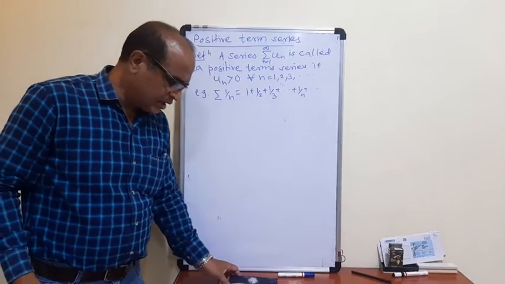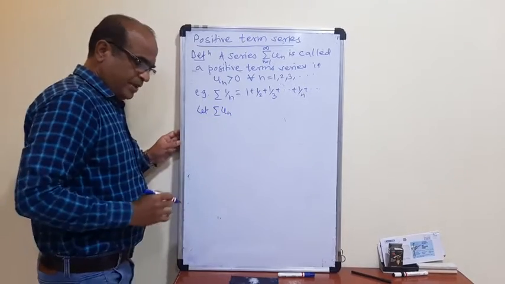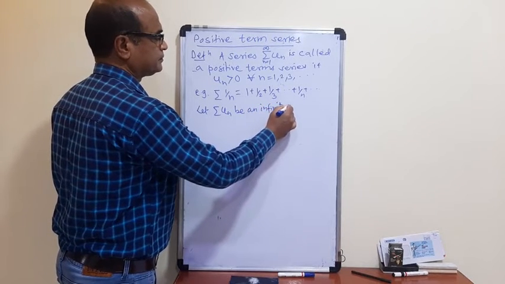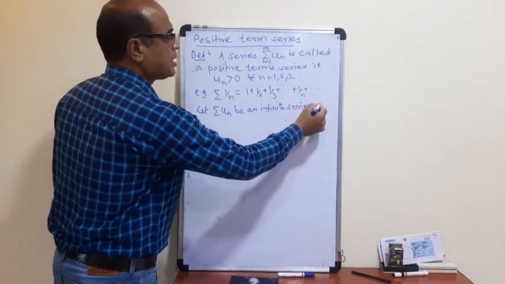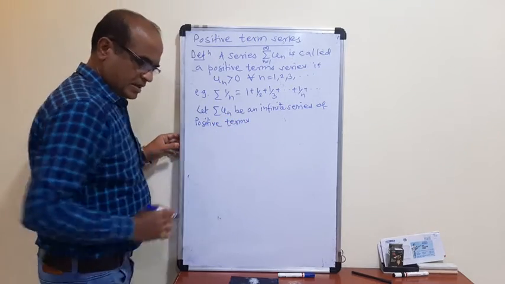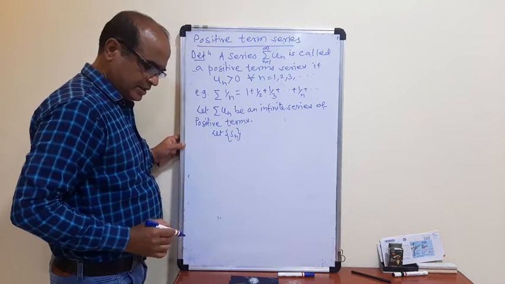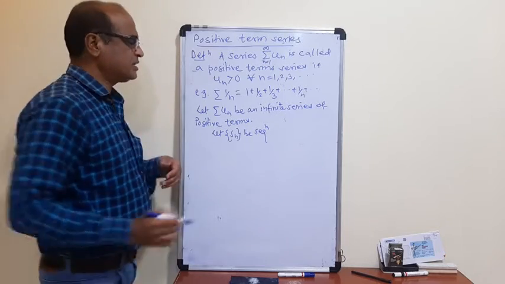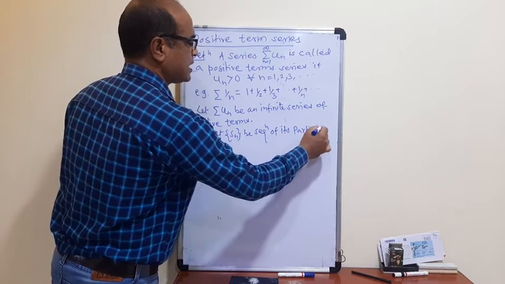Then the series is called a positive series. Let summation un be an infinite series of positive terms, and let Sn be the sequence of its partial sums.